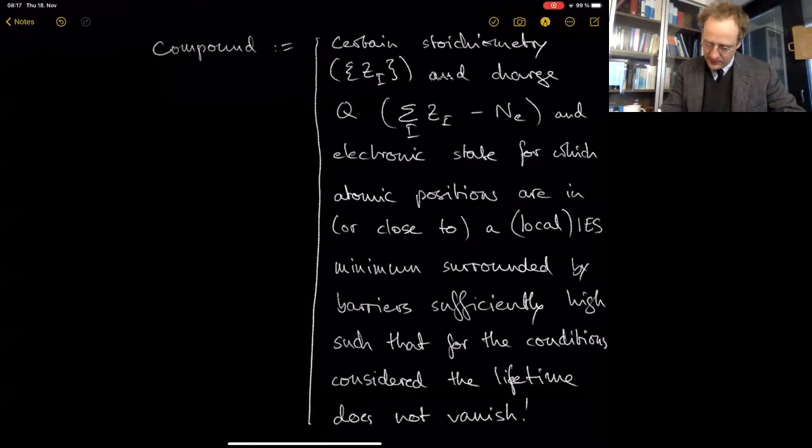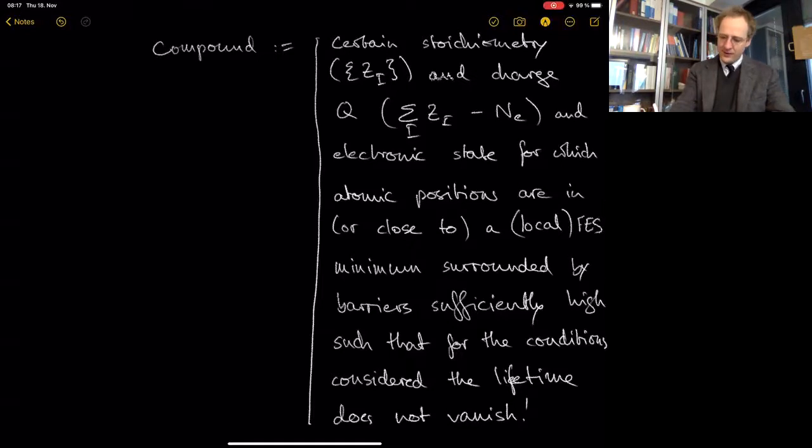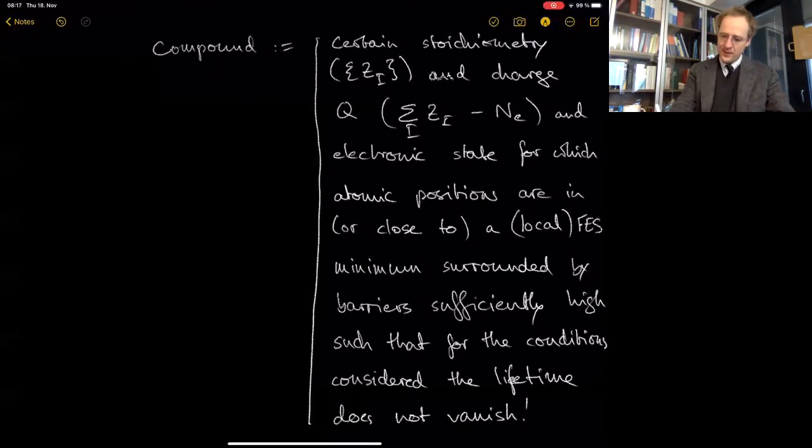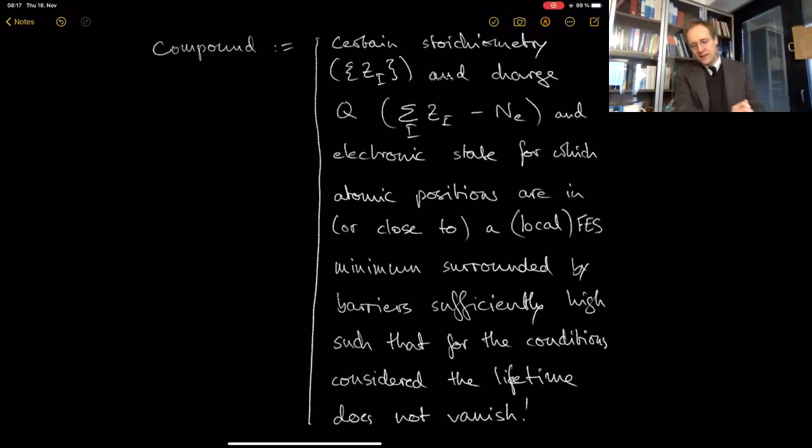So this should be an F and not a P. But you do have situations where you have an equilibrium going from one potential energy surface to another, but then the free energy will be in a minimum. So that's even more precise if you use the free energy surface.